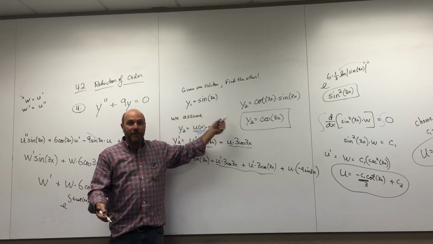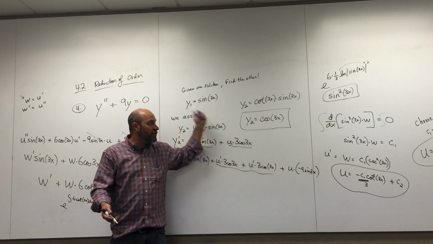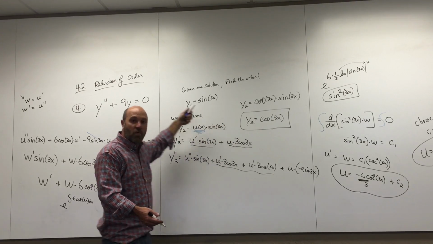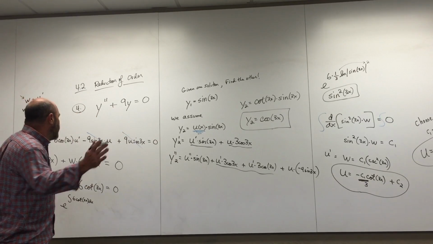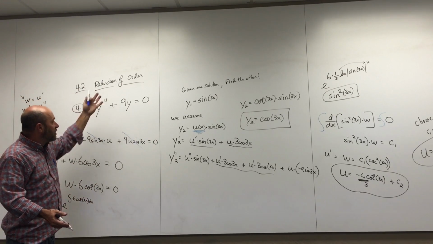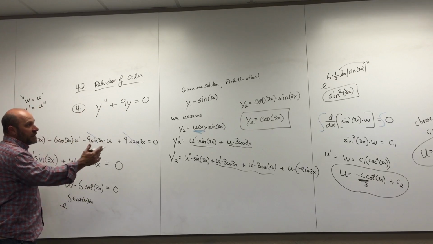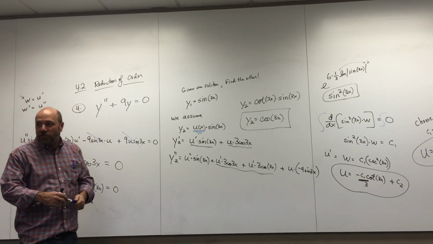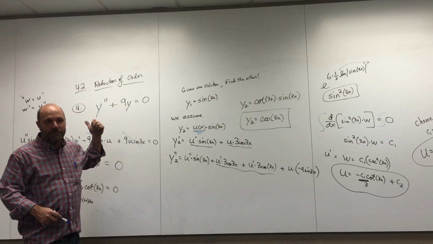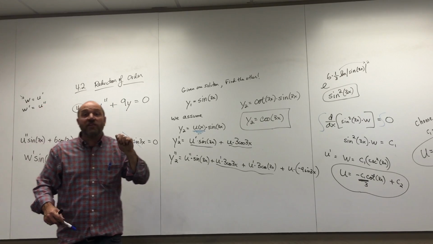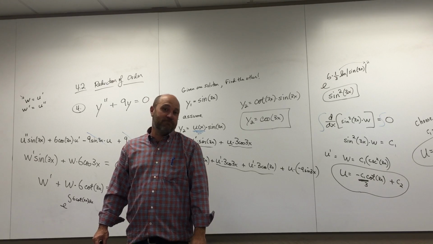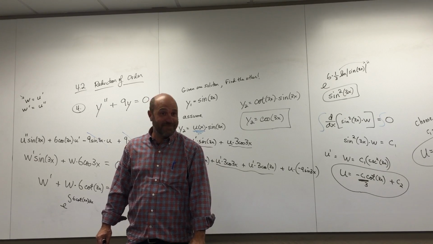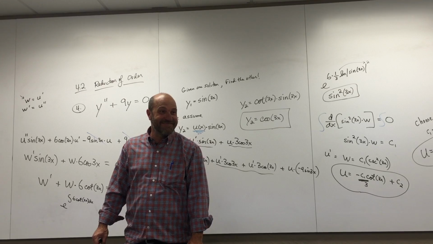So I sort of knew that was coming, but this is a long way around to get it. This reduction of order is kind of funny. Don't do 20 problems. I assigned 4. Don't do 4. Try one, if you want to try one.